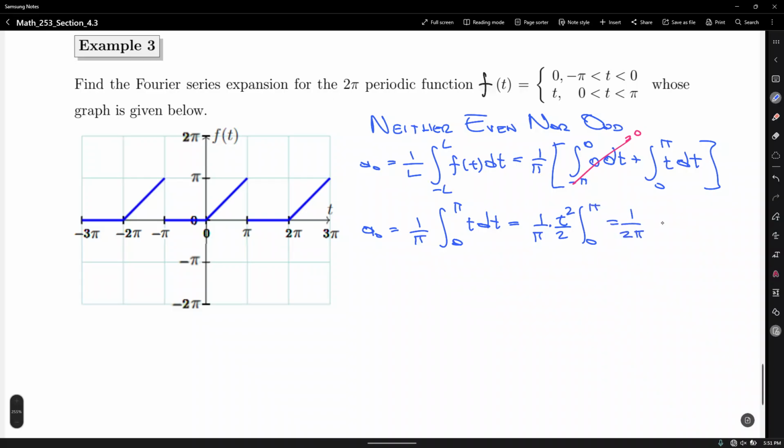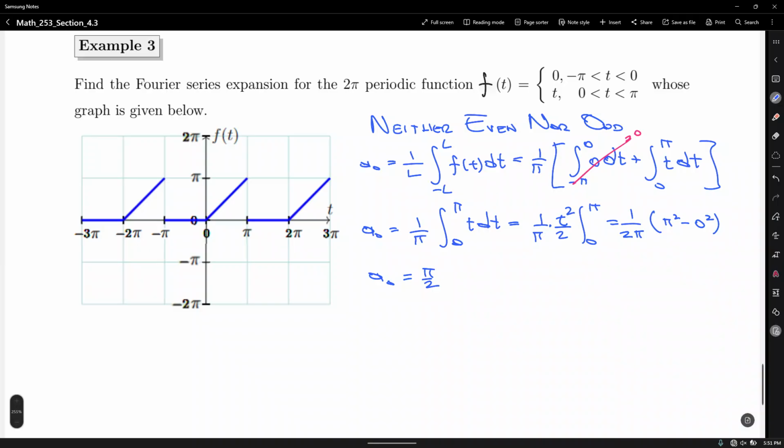So that is pi squared minus 0 squared, which reduces nicely to pi over 2. So a sub 0 equals pi over 2. That's our first coefficient.